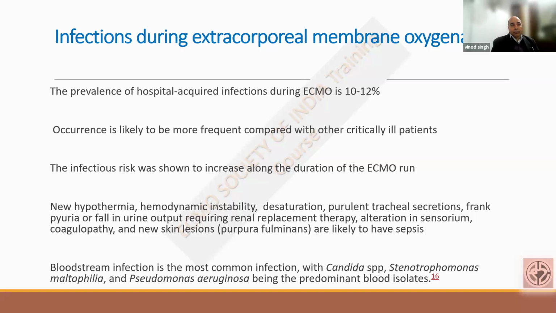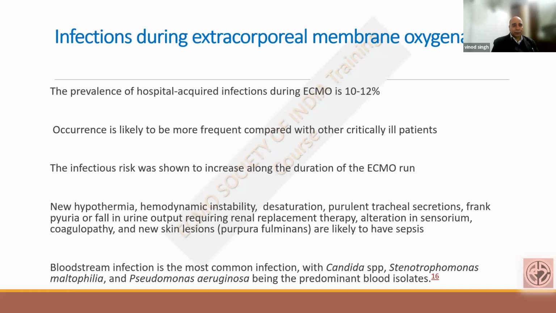Now come to one of the major complications of ECMO, that is infections, and the prevalence of hospital-acquired infection is 10 to 12%, but recent ELSO data has shown there is a very high prevalence in the Indian scenario, particularly gram-negative and MDR organisms. And it is very difficult to blame the ECMO for the infections, because many patients who are admitted in the ICU and going for ECMO are very sick and already infected patients.